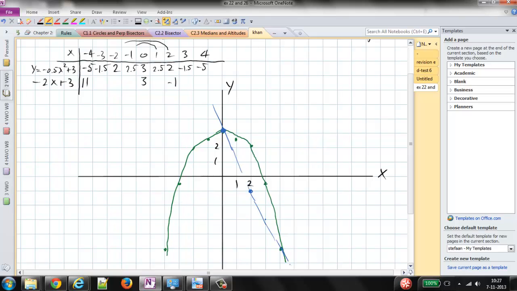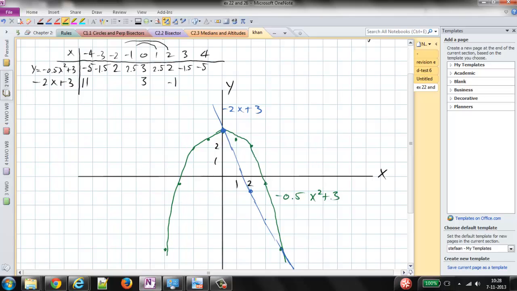You should definitely use a straight edge. Use your geotriangle. These are the two graphs. I guess you should label them also. This is the one, minus 2x plus 3. And the other one in green is minus 0.5 x squared plus 3.